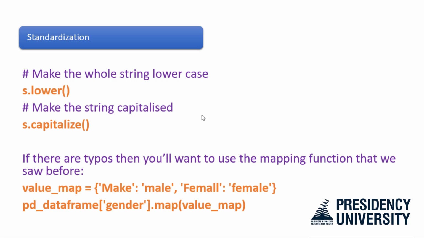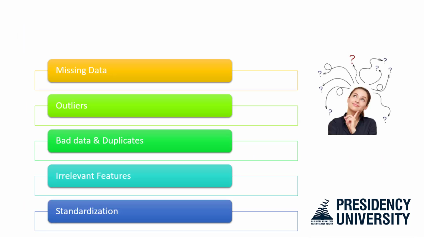Through this, we can make all the data in the dataset either uppercase or lowercase. If there are typographical errors in the dataset, we use mapping functions. We identify the errors in data entry and map them with the mapping function. Here, the word make is mapped to male and femal is mapped to female. Through this, we can standardize the data into a single format.